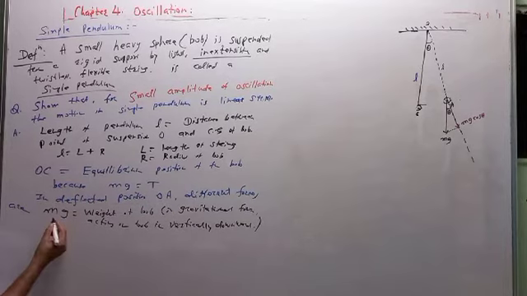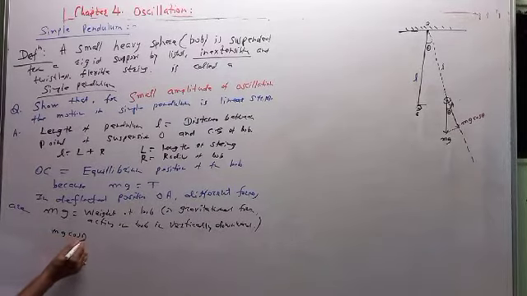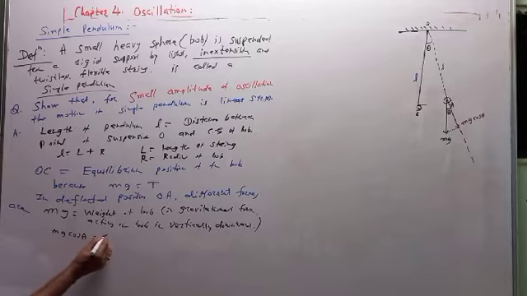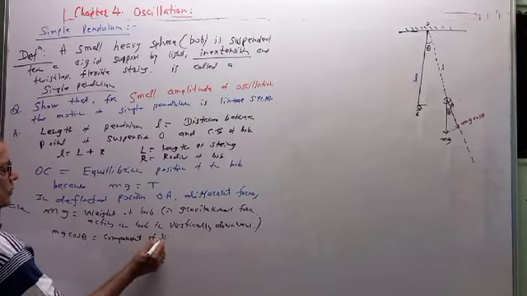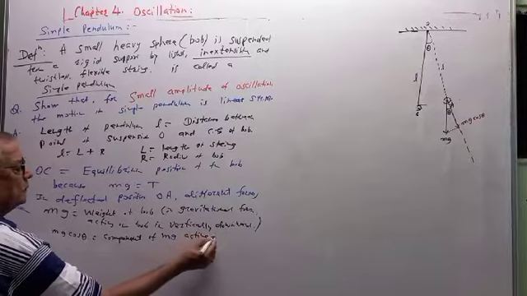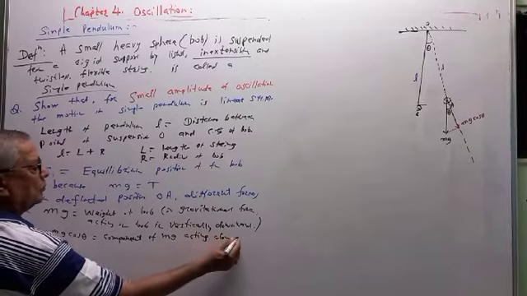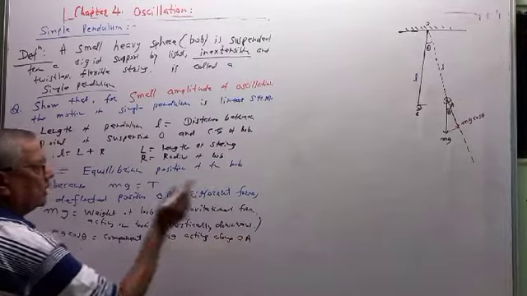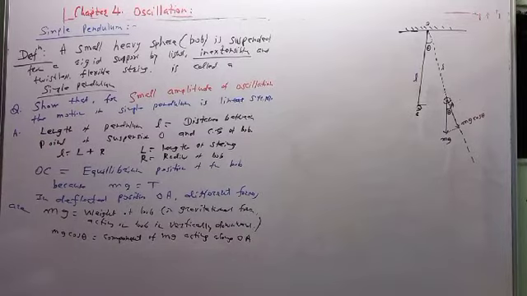So mg is divided into two components. mg cos theta, component of gravitational force mg acting along OA, like this.